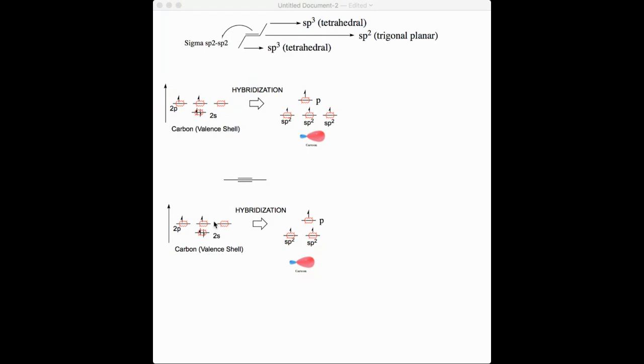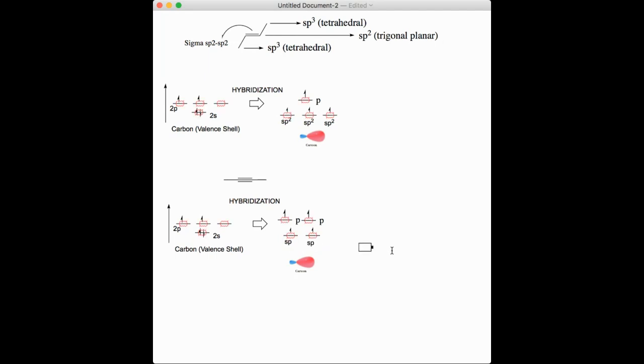If two must be saved for pi bonds, I have only two remaining, one s and one p, for hybridization. Therefore, in that case, if I combine one s and one p, I will get two sp hybrid orbitals.